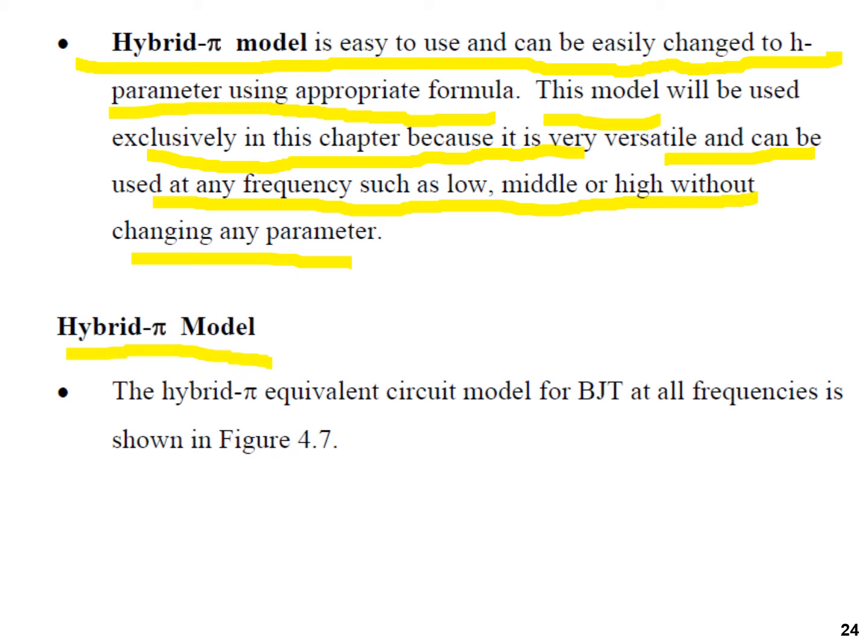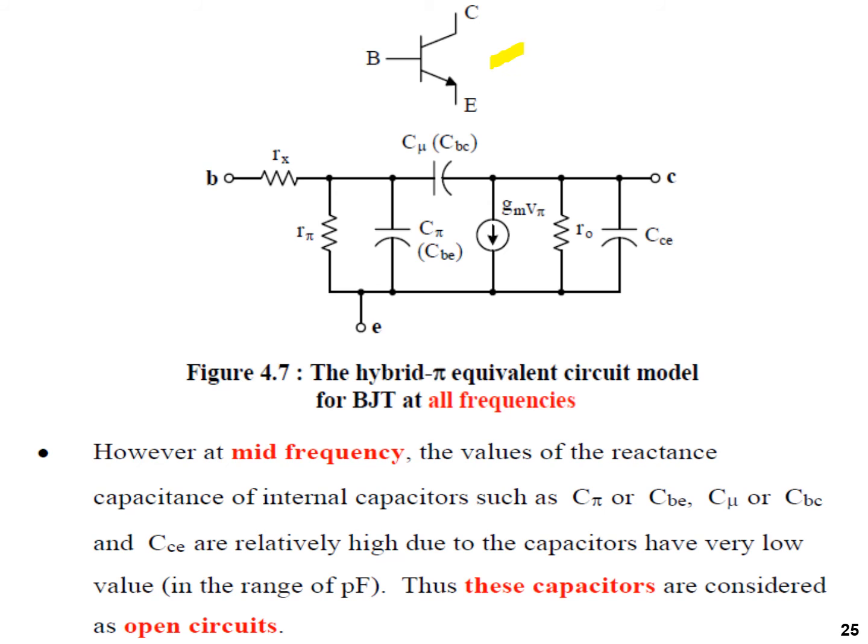The hybrid pi equivalent circuit model for BJT at all frequencies is shown in figure 4.7. This is the BJT transistor and this is the hybrid pi equivalent circuit model for BJTs at low, middle and high frequencies.